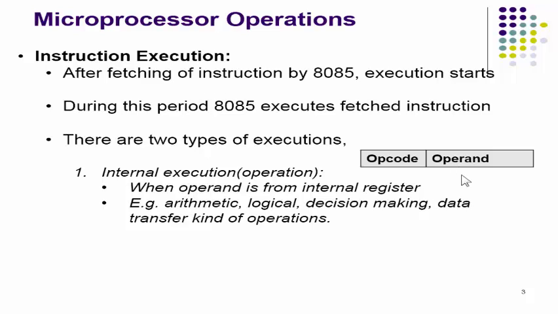So if internal registers are in the operand field, internal execution needs to be considered. For example, instructions to perform arithmetic, logical, decision making, data transfer and related operations. For an arithmetic instruction, for example, ADD B means the accumulator content gets added with the B register. Similarly SUB B, where the operand field consists of the B register.